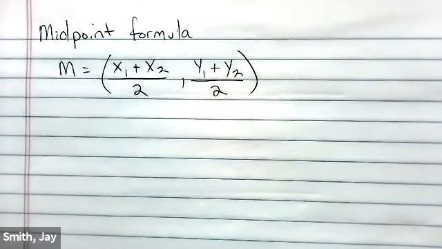We're basically taking the average of the x coordinates between the two points and the average of the y coordinates between the two points.